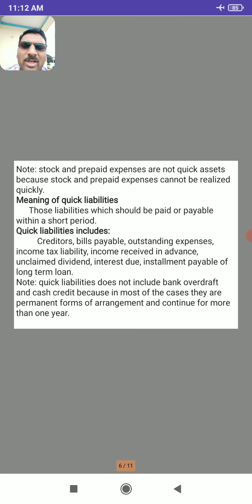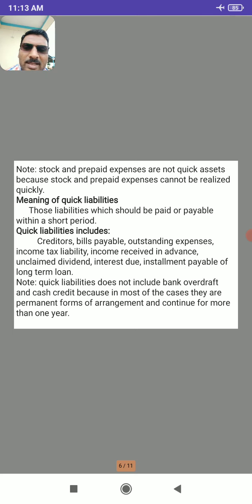Quick liabilities are those liabilities which are payable within a short period, that is, less than 1 year or less than 6 months. Quick liabilities include creditors, bills payable, outstanding expenses, income tax liability, income received in advance, unclaimed dividend, interest due, and installment payable of long-term loan.